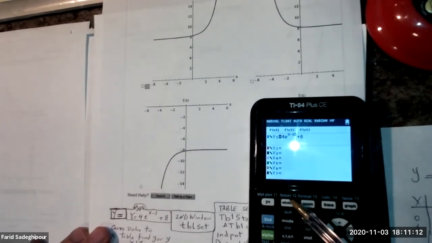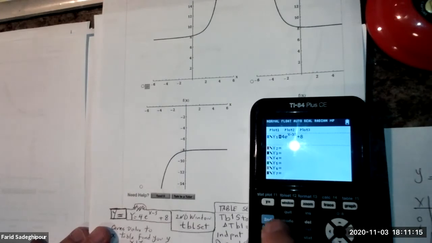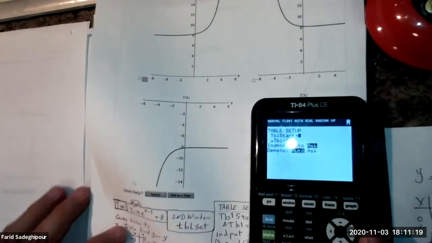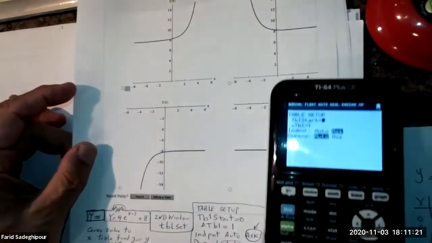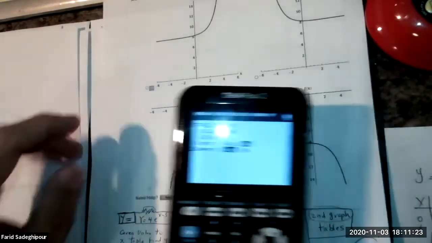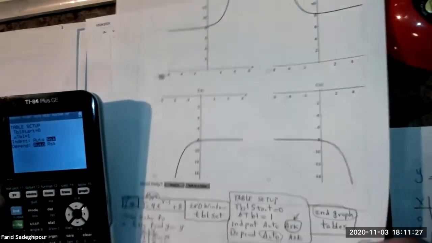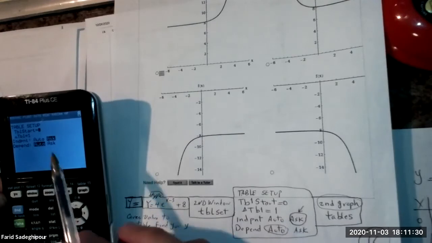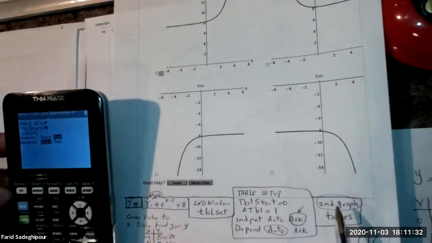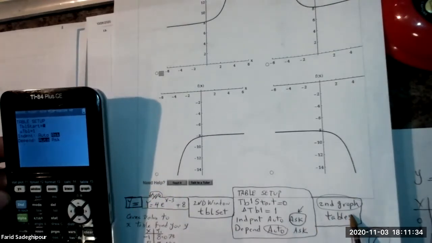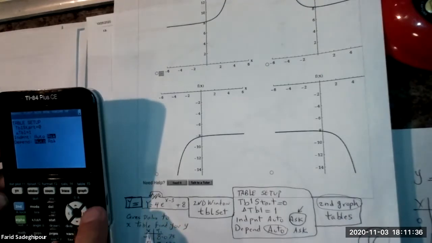That is tables here. So second window, okay? So when you do that, make sure everything is set according to this. Ask auto, okay? And then second and then tables.